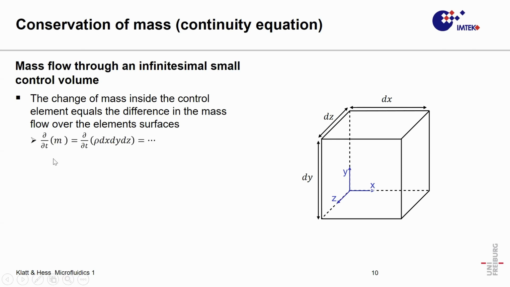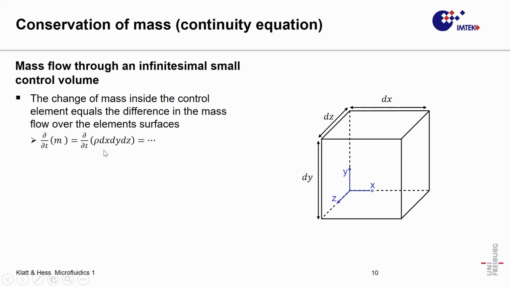The change of mass inside the control element can be described by the partial derivative of the mass m with respect to time. And we can now reformulate that by substituting for the mass the density times dx, dy, dz. So the change of mass inside the control element can be described by this term.